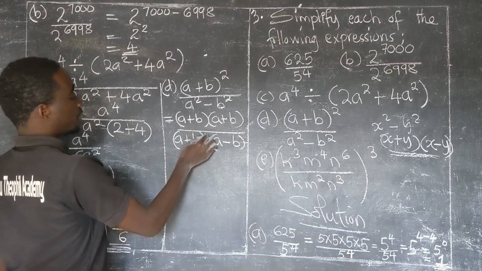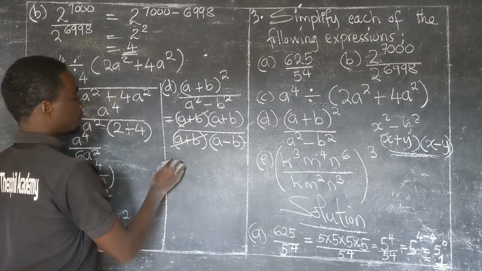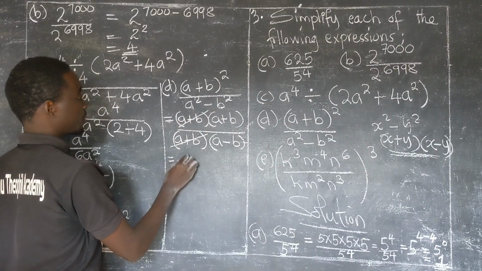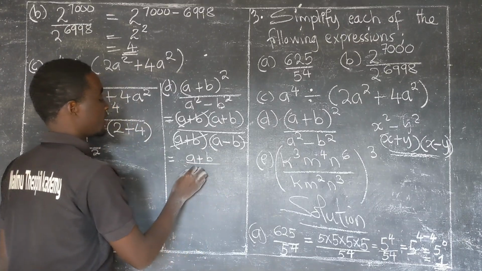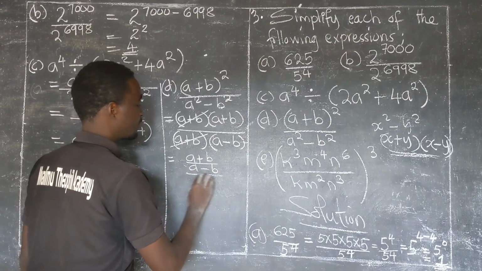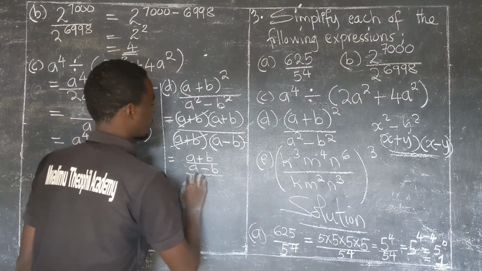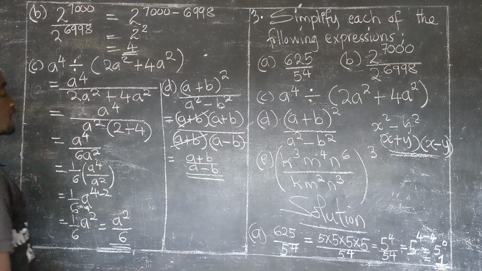In this, a plus b and a plus b cancel out. We are left with a plus b divided by a minus b. So this is the final answer: a plus b over a minus b.